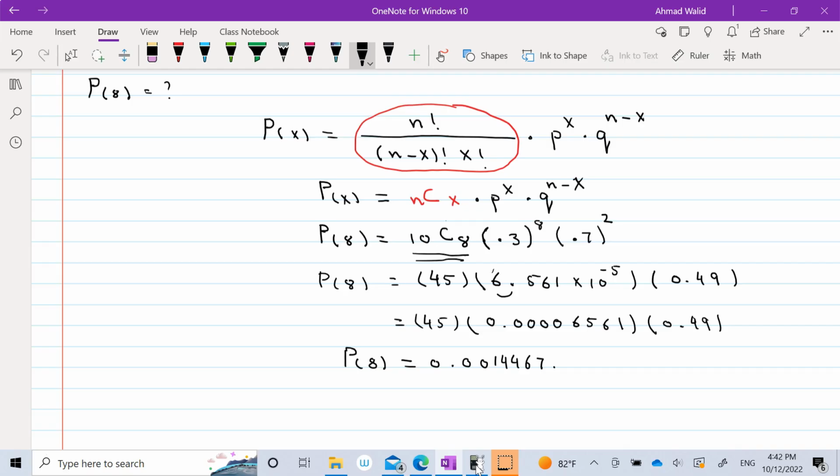I will stop the first part of the lecture here, because in the second part of the lecture I will cover more for you. I will cover how to use your book, the table that you have in your book, binomial, and also, instead of this formula, how to use your TI-84.